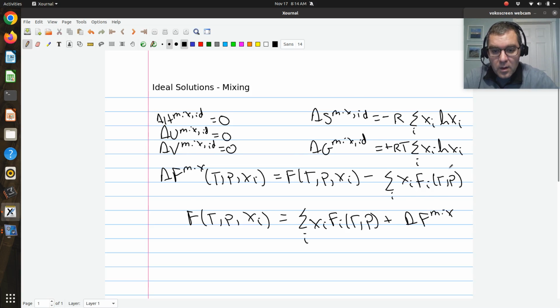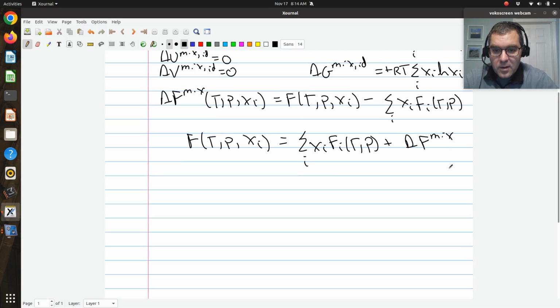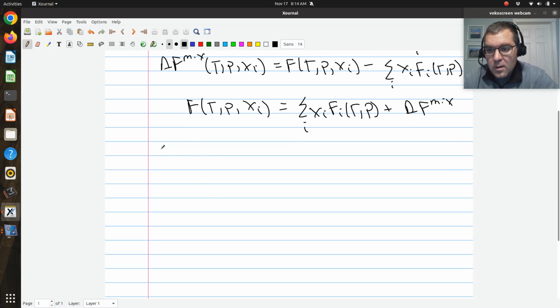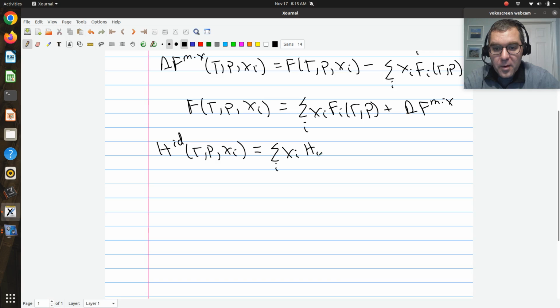So first, if I think about an ideal solution, that would give me H of an ideal solution. I'm going to write down functional dependencies here just to make sure I'm clear, since I'm not there in person to directly answer your questions. So this tells me the enthalpy of an ideal solution is just equal to the molar average of the pure component enthalpies of the components that I mixed to form that final solution, because delta F of mixing is 0.